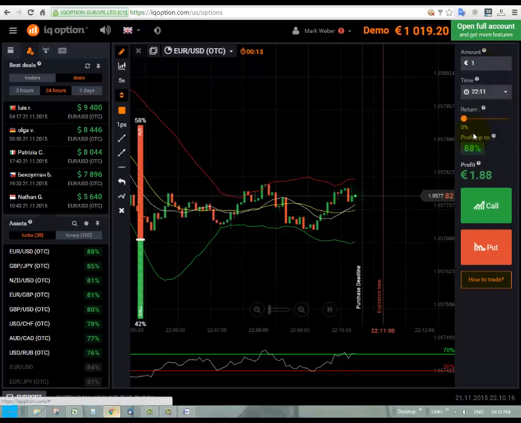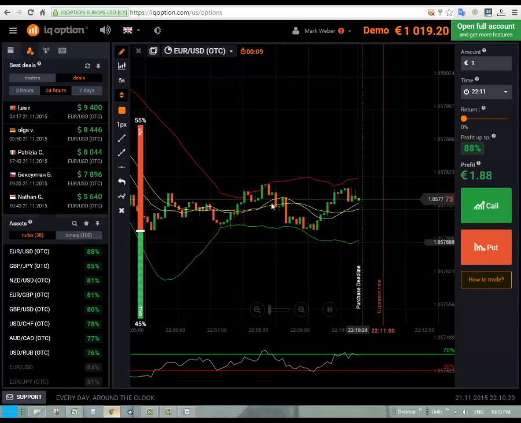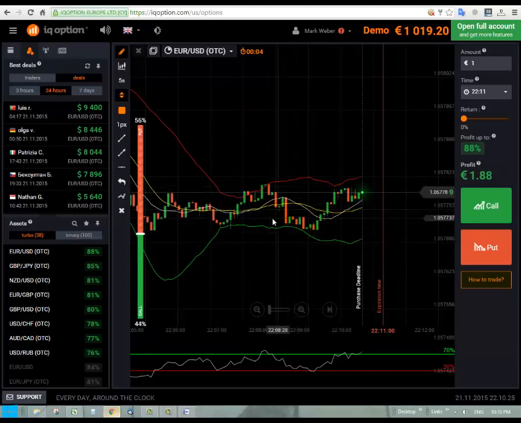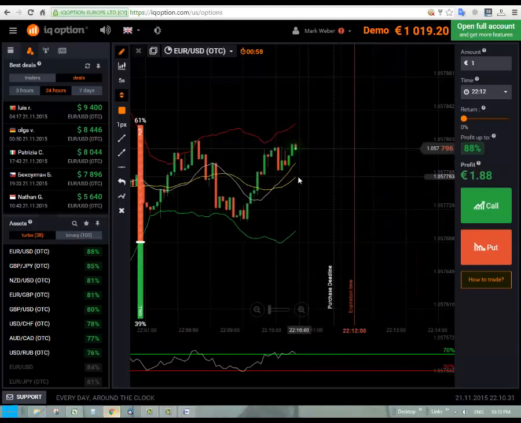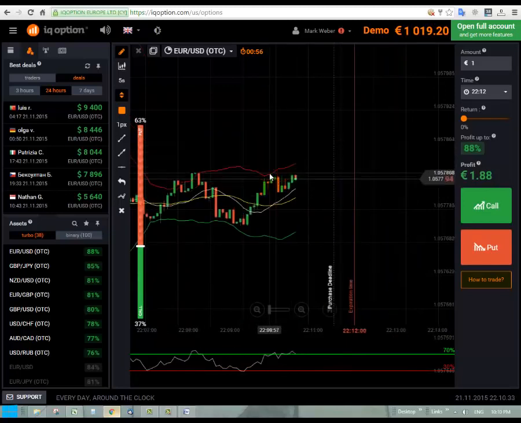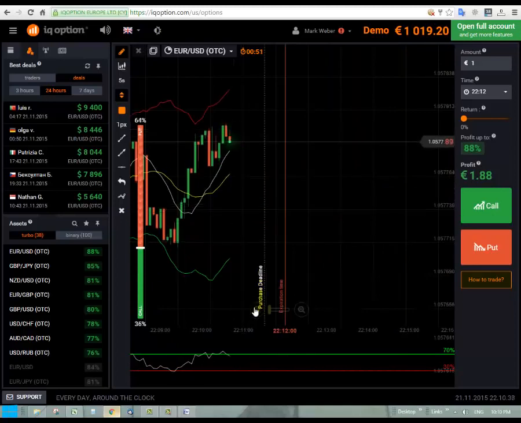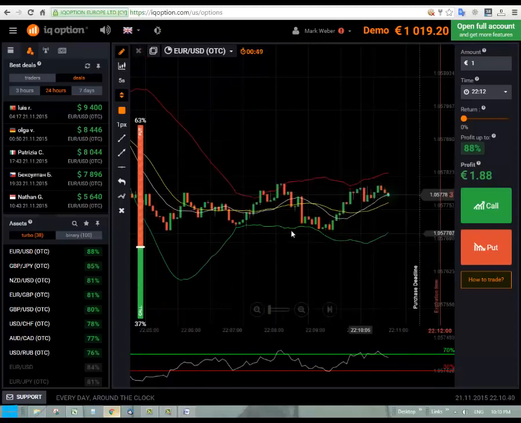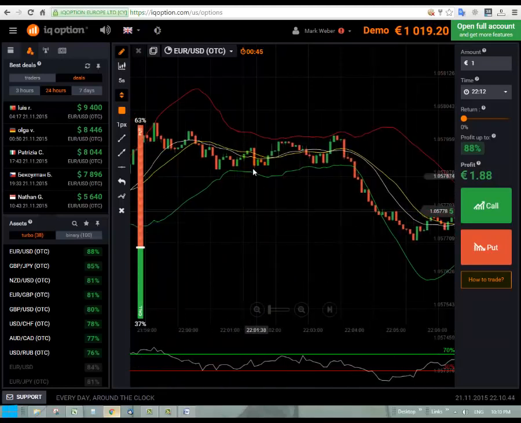We will set up for 1 euro. You can see the channel is a little bit narrow now, which means that we will expect a movement, a big movement. Also, you can see it here.